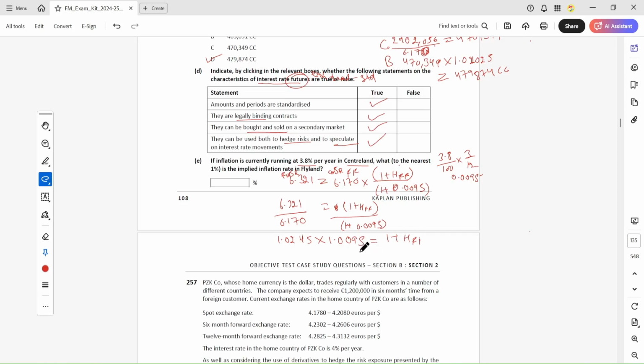Actually my pen is not working. Let's do this. How much is it when we multiply by this?